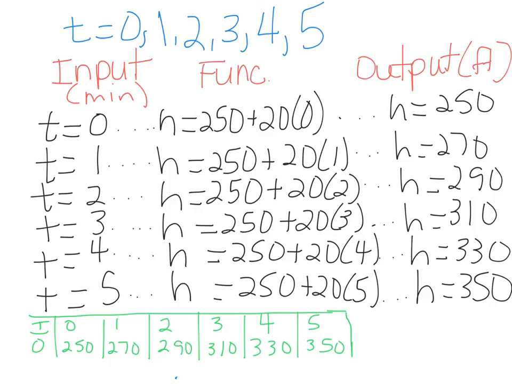So that's your domain: from 0 to 5, that's 0, 1, 2, 3, 4, and 5.